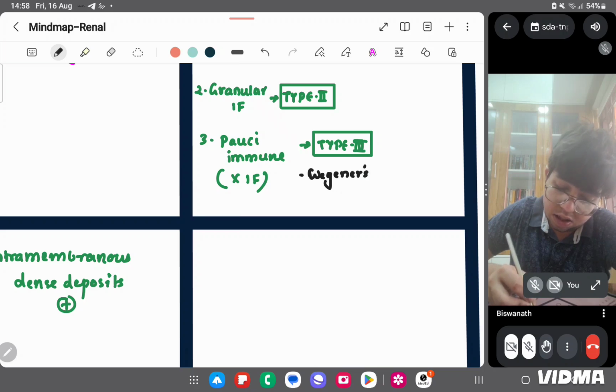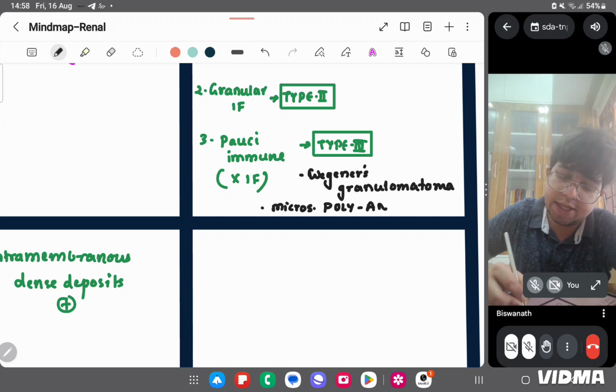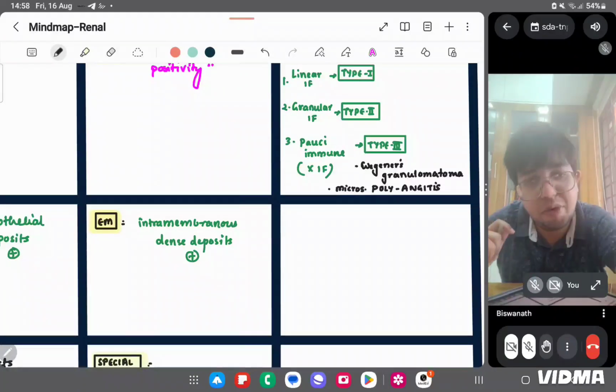These are the examples of pauci-immune conditions.